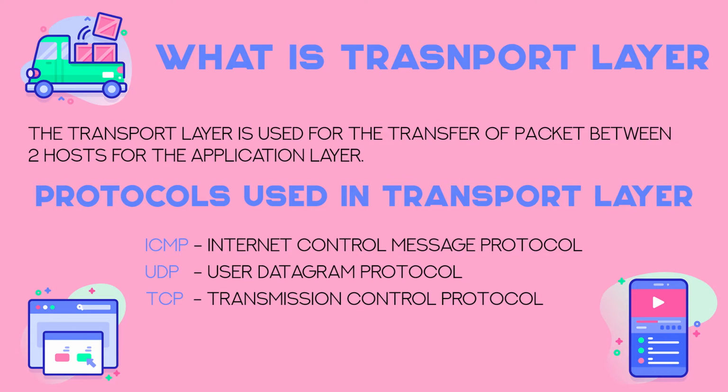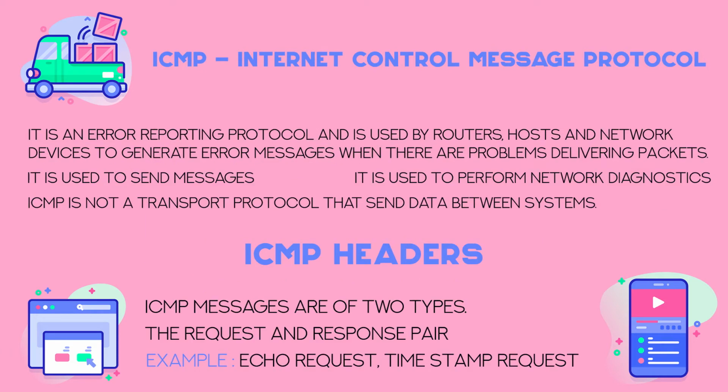We'll look at it in a minute, but right now let's just go through the names of all protocols real quick, and then we'll understand everything in detail one by one. The second protocol is UDP, or User Datagram Protocol. The third one is TCP, which is Transmission Control Protocol. Now let's understand all of the protocols one by one in great detail.